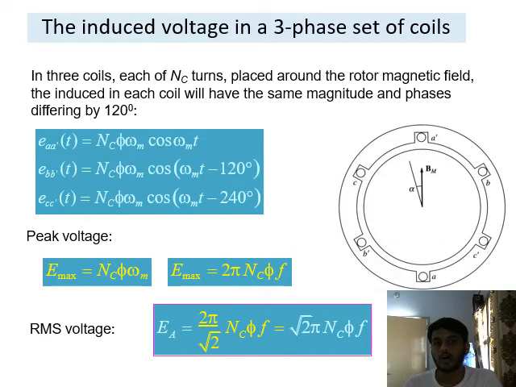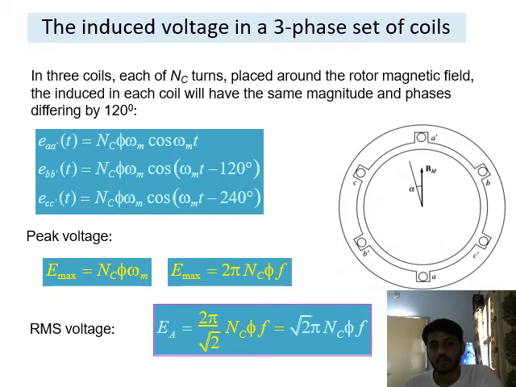If we calculate the value of EA, where t is the time parameter, we get Nc phi omega m cos(omega m t). All the other values are the same, but the angle is changed.